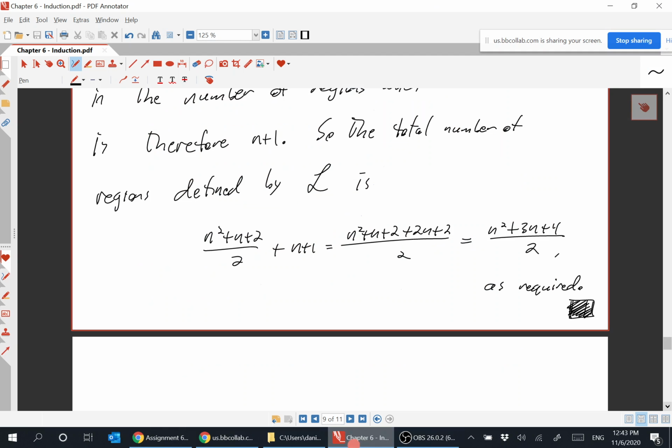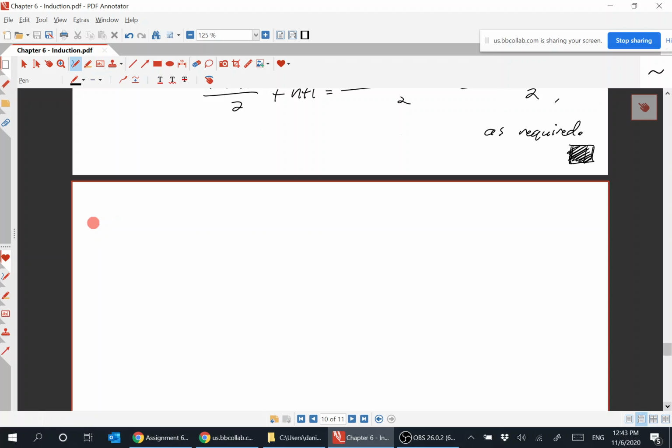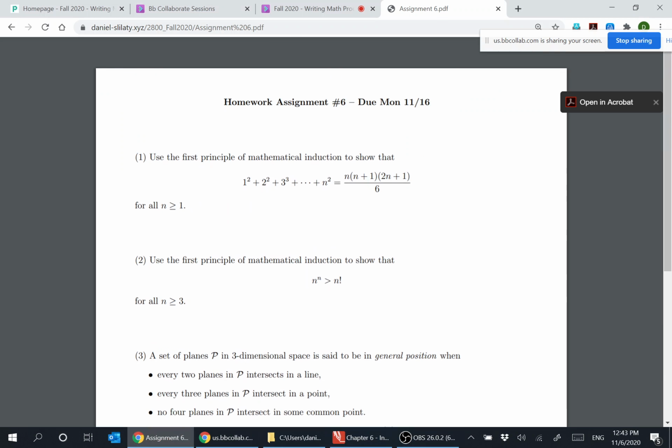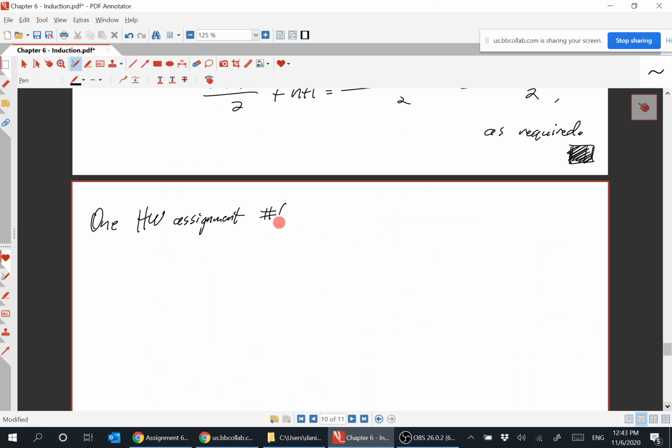So, planes in general position, so this is for homework. Which number is this? Number 6, for chapter 6, of course. We have a collection of planes, P, in general position.